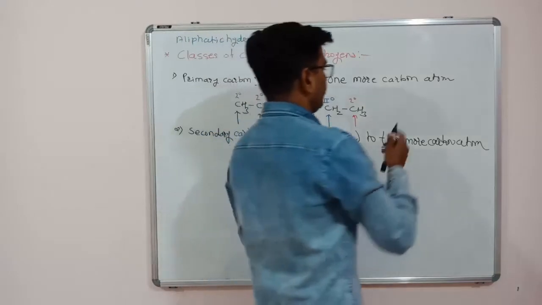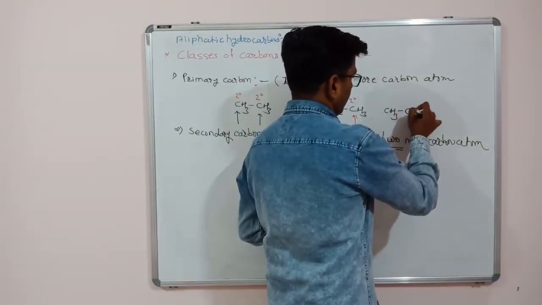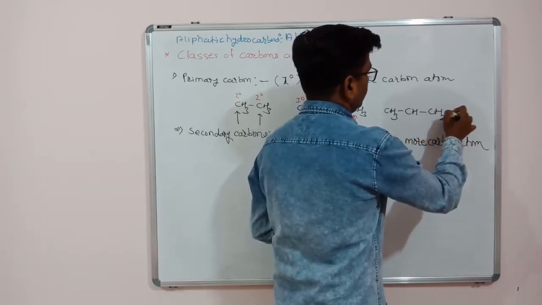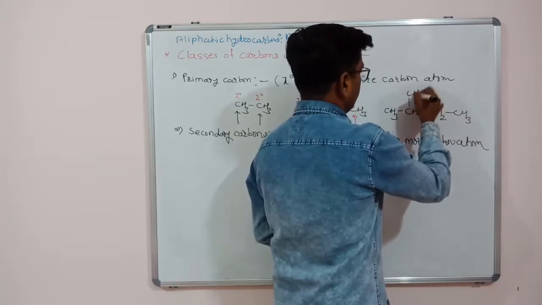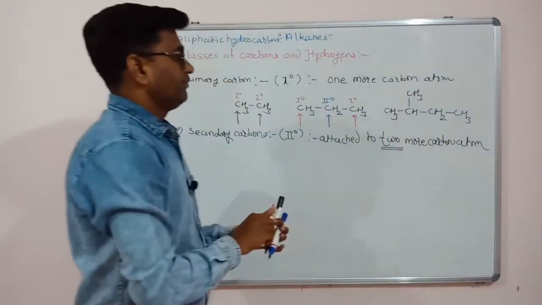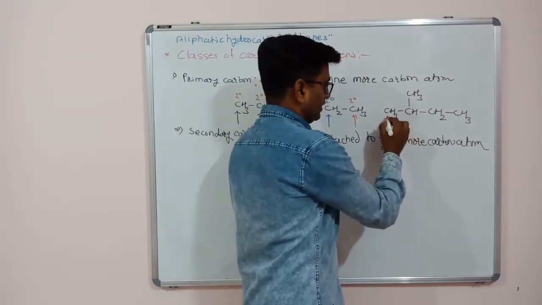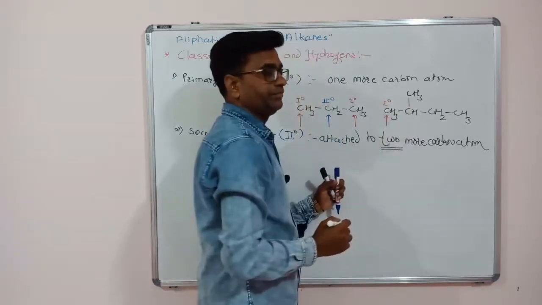For example, here CH3, CH2, CH3. Now in this case, see here, this carbon is attached to one more carbon atom, so this is called a primary carbon.